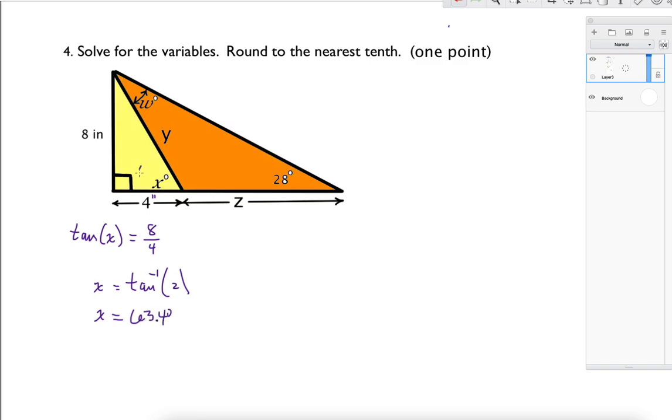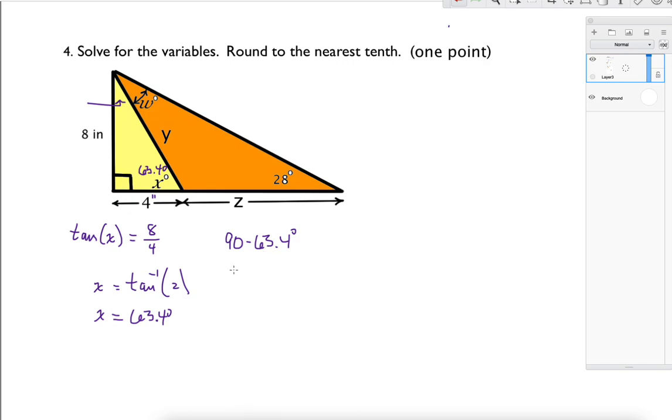So this angle is 63.4 degrees. Now, this angle here is going to be 90 minus 63.4 degrees, which is going to be 30, 31, 32, 33, 36.6.